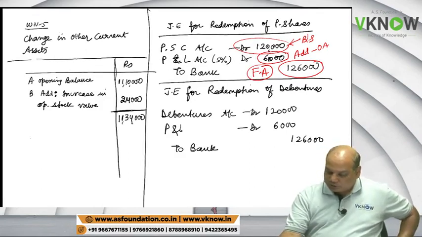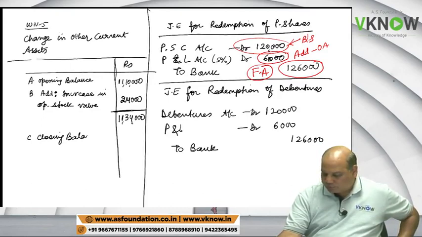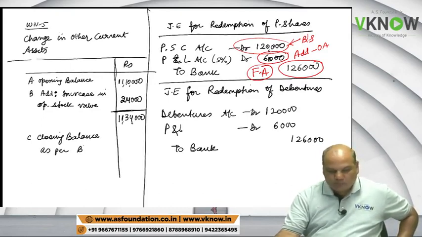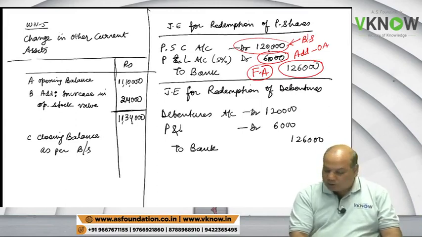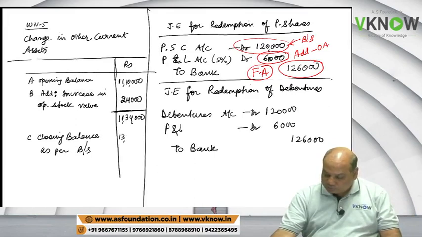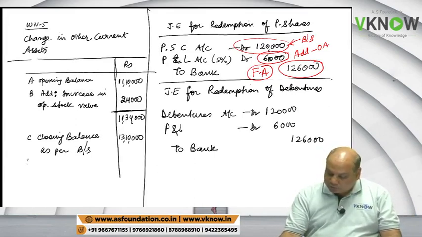11 lakh 34,000. Point number C, closing balance as per balance sheet, which is given to you as 13 lakh 10,000.